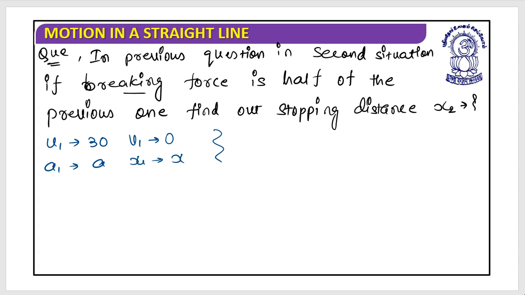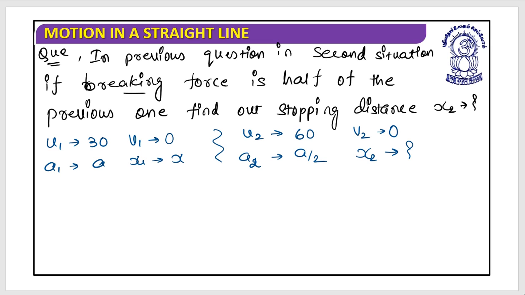Now in the second situation, my initial velocity was 60, final velocity would be 0. Now my braking force is half of the initial, so it would be a by 2, and I require x2.